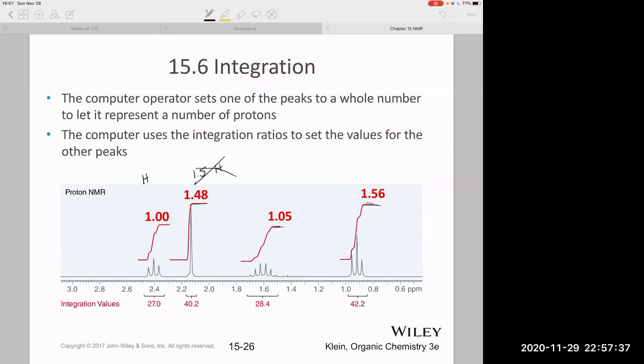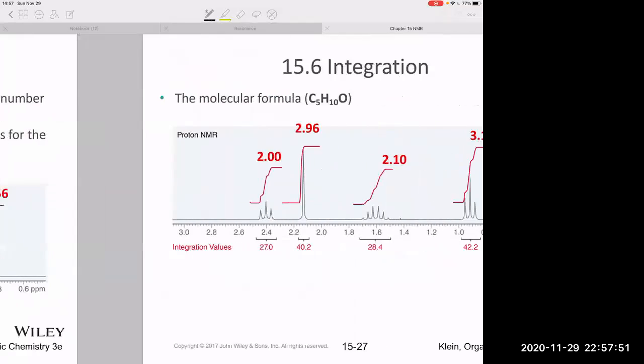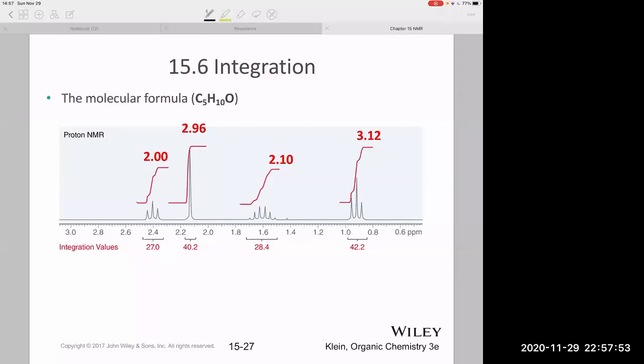Well, that can't be the case, right? There's no such thing as 1.5 hydrogens in a molecule. So instead, you multiply everything by 2 or 3 or 4 or whatever you need to do to get them all to be nice whole numbers. So in this case, if we multiplied everything by 2, we would get pretty close to these whole numbers of 2. This rounds to 3, this rounds to 2, this rounds to 3.